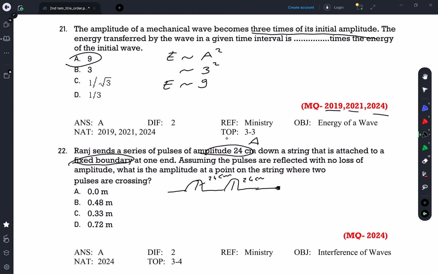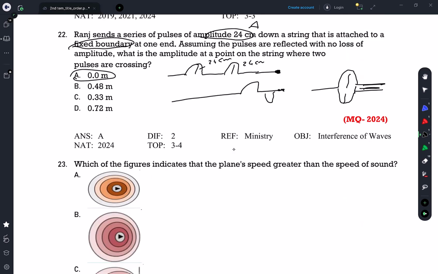After reflection, because it's a fixed boundary, it will be inverted. One pulse will be moving like this, the other one like that. After that, they will meet each other. When they meet, the crest of the first pulse and the trough of the second pulse will meet, so they will cancel each other. The result is complete destructive interference.